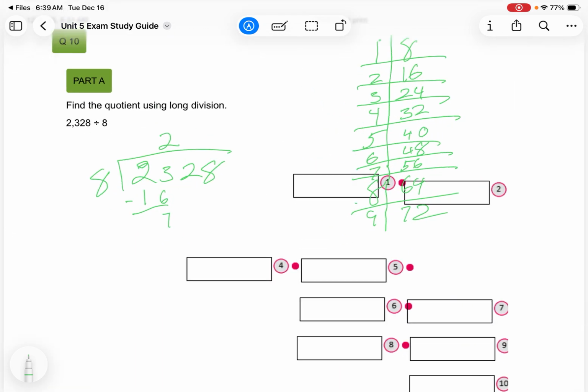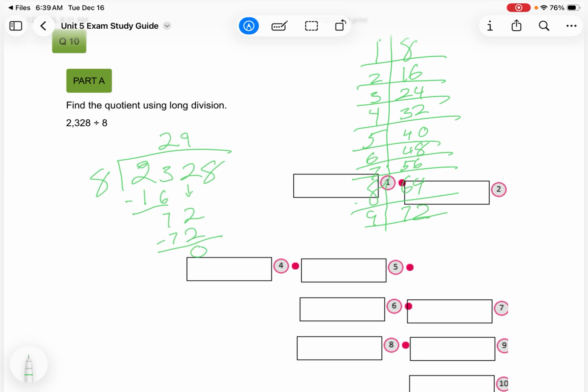Now, part of this question is cut off. That's why we don't see all the blanks. That's why it's 1, 2, 4, 5. Okay. Then we bring down the 2. Eight goes into 72 9 times. 9 times 8 is 72.